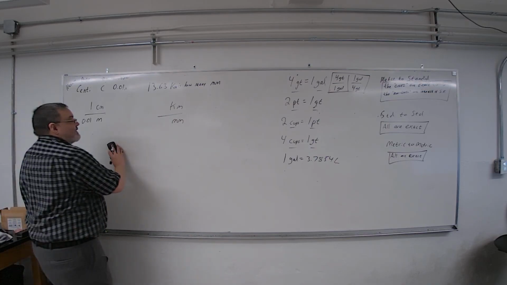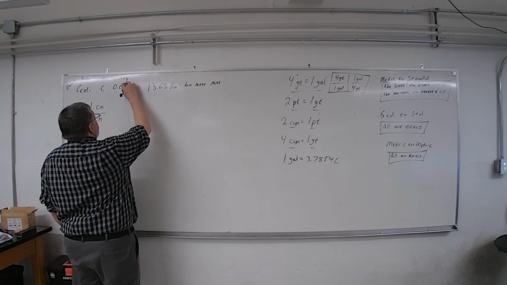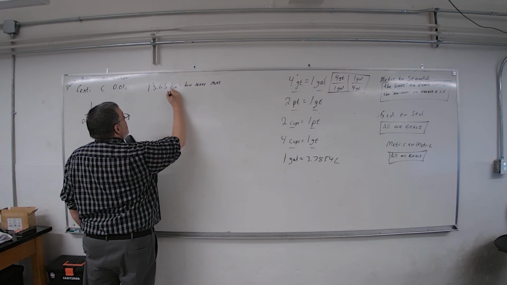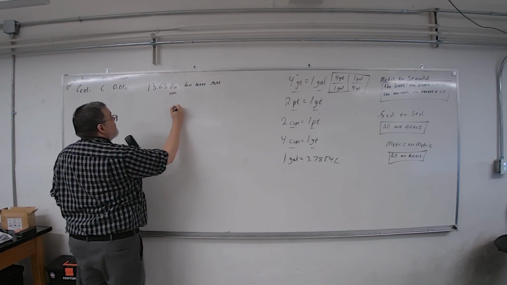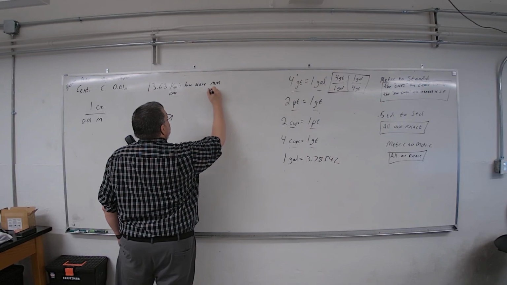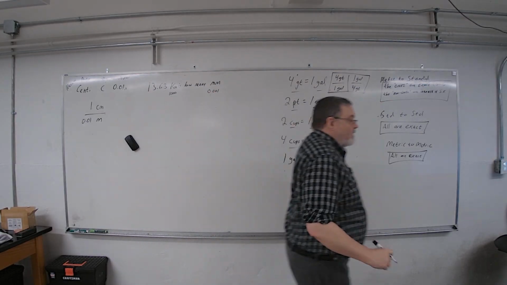Okay, so let me go through my process here. If you look at the chart under multiplier, the multiplier you'll see for kilometers is 1,000. And the multiplier you see for millimeters is 0.001.